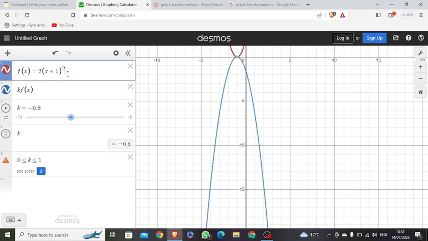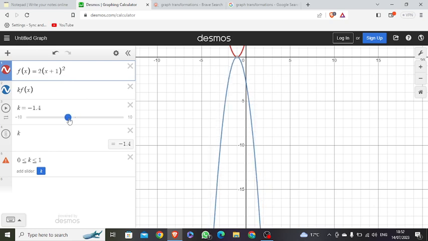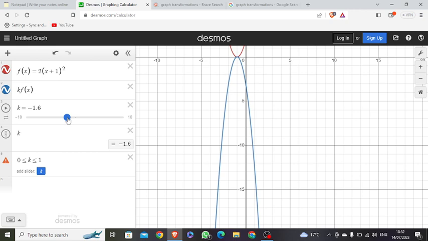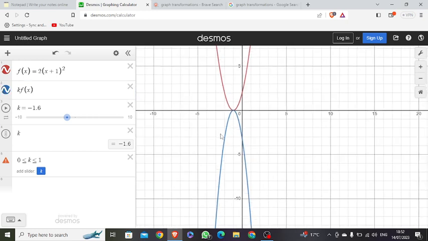Now let's take something more simple. It should reflect in the y-axis, and as it becomes bigger, it changes by a factor of c. So you basically divide the graph by 3. It might seem a bit weird.